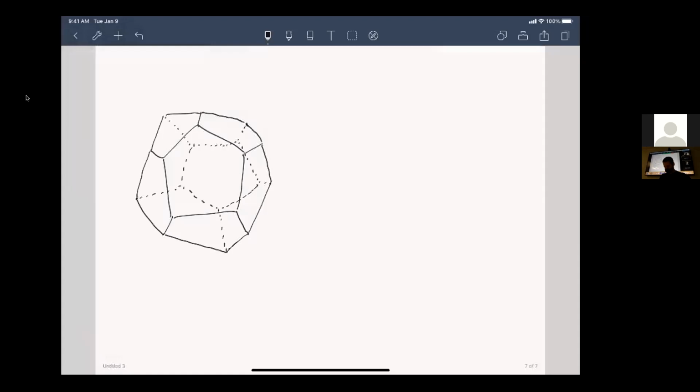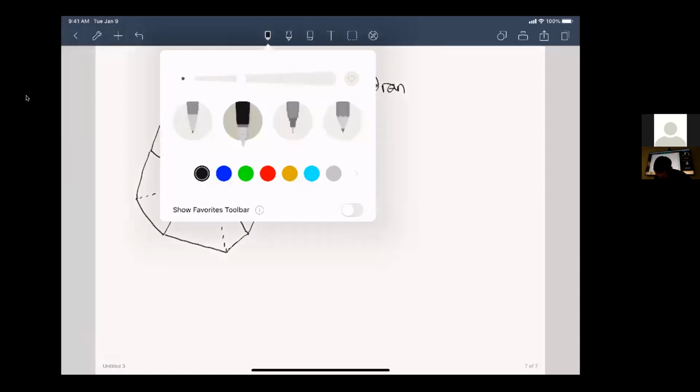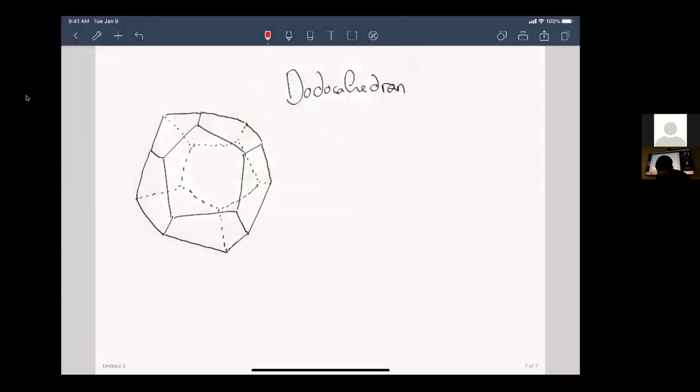Okay, so this is my best effort with the iPad in the time given to draw a dodecahedron. Okay, and now notice that if I take this side, let me pick out this side here. I'm drawing this in red. Let me do it a bit thicker.